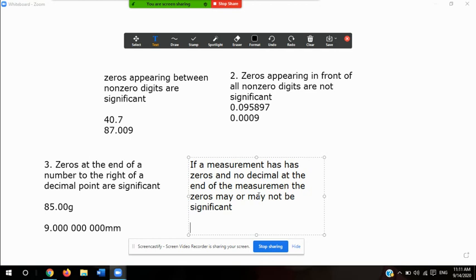For the purposes of our class and the textbook that we're using, if I give you a measurement like 2,000 meters, but there is no decimal point at the end of that last zero, we simply say this has one significant figure.